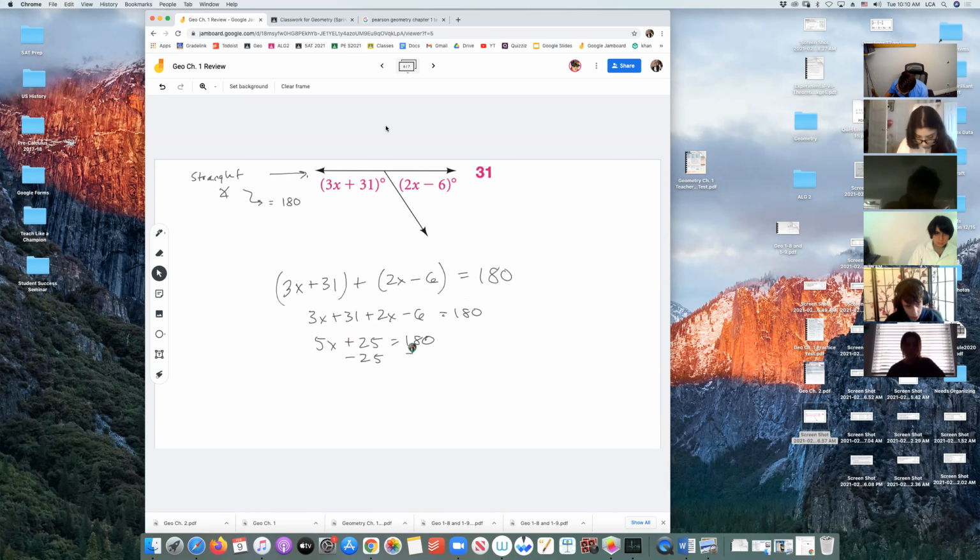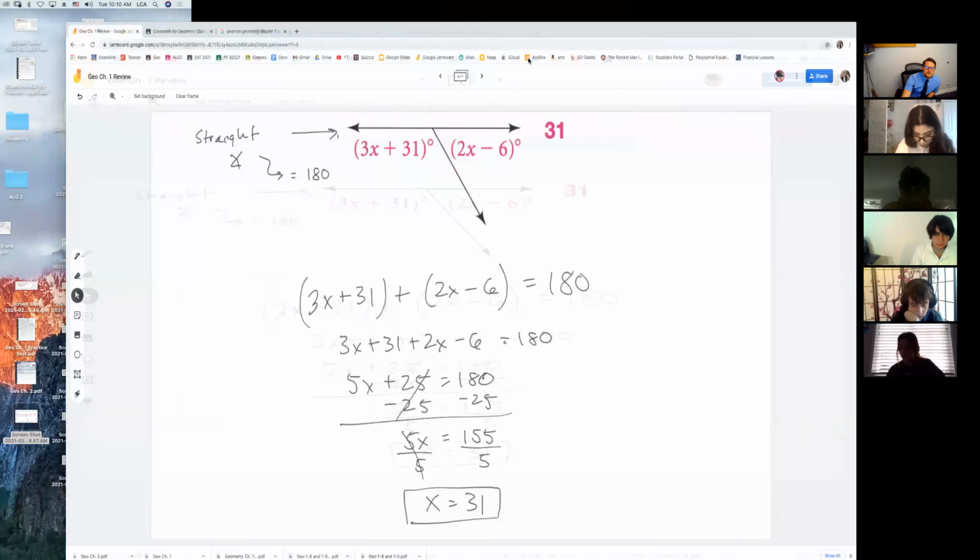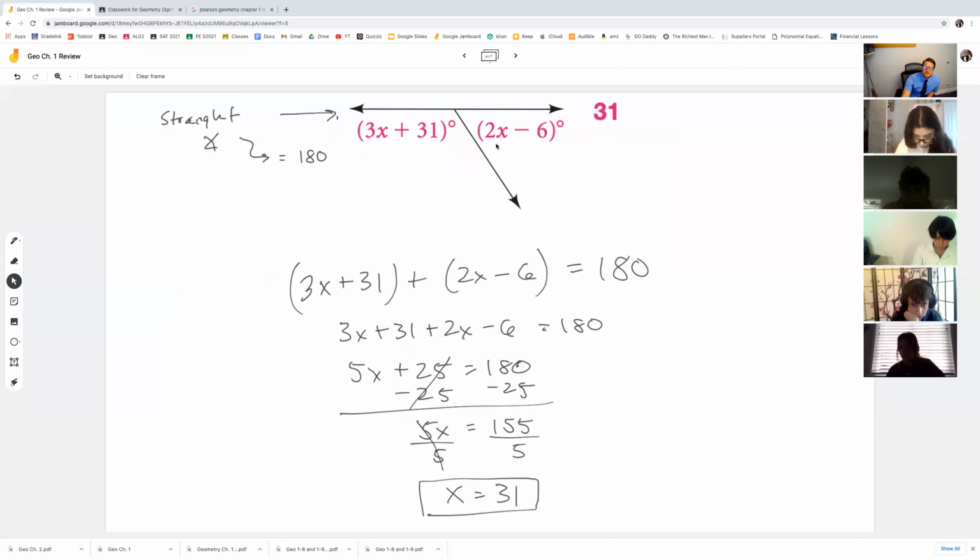Isolate the variable. Again, you always have to know whether you're saying that the angles are equal to each other, whether they add up to 180, or whether they add up to some other angle.